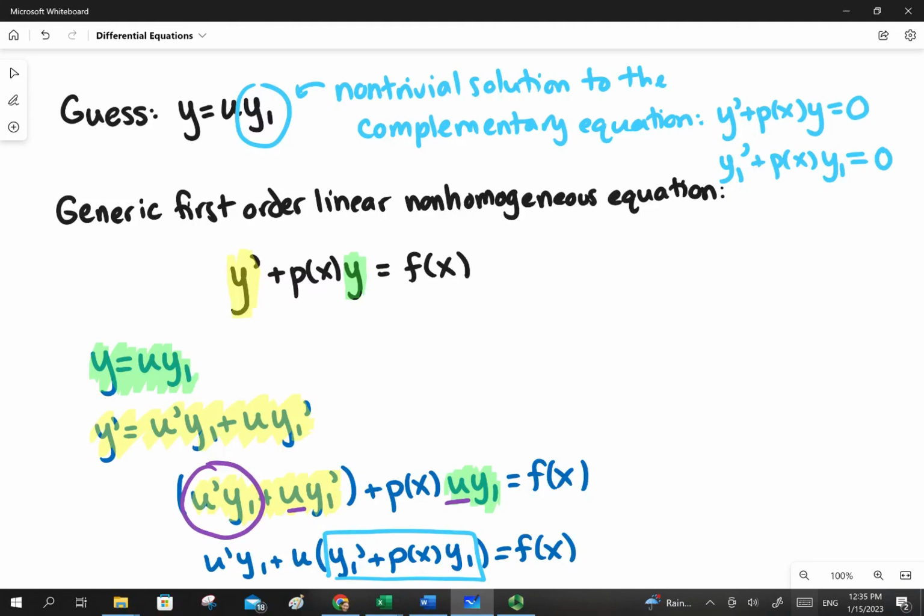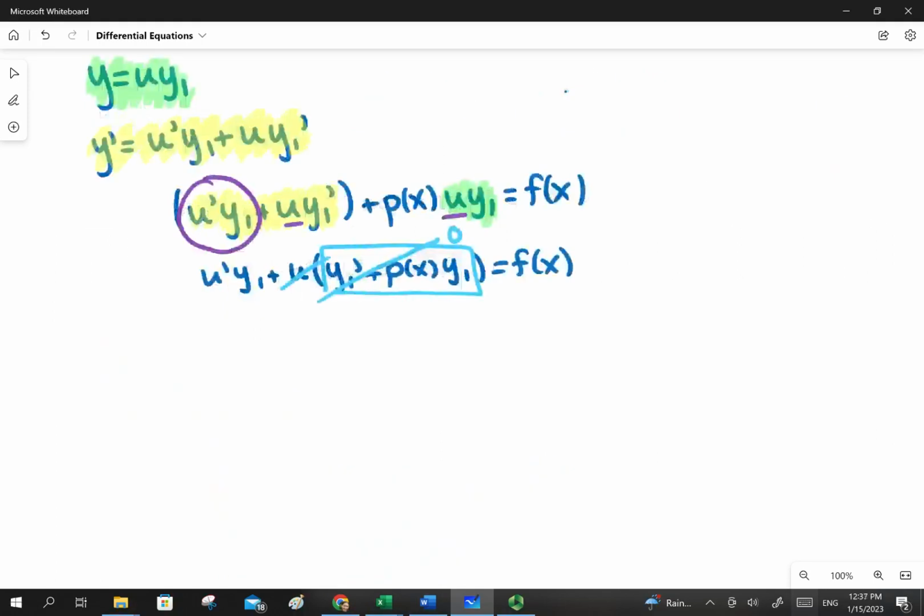So we can replace the y1 prime plus p of x y1 with 0, and then the u term disappears, leaving just u prime y1 equals f of x. This is why when we do this method with a specific problem, we always see the u's canceling out.